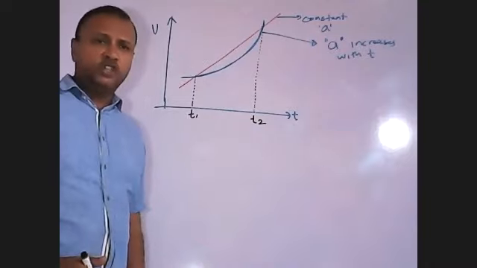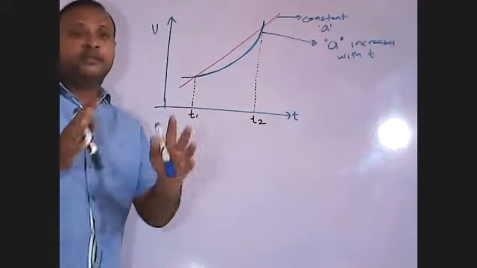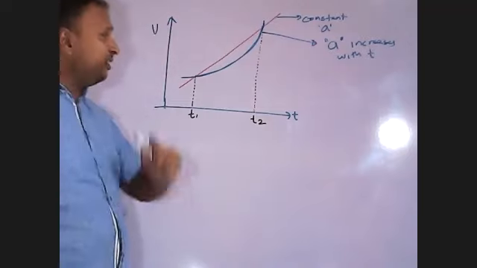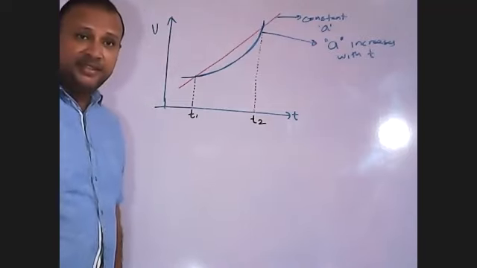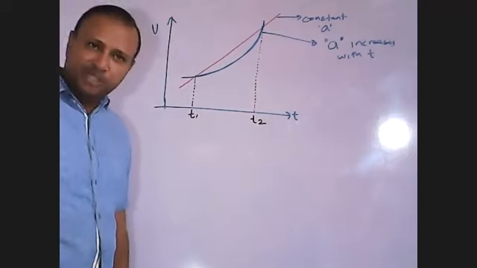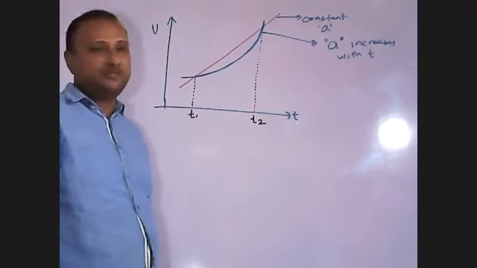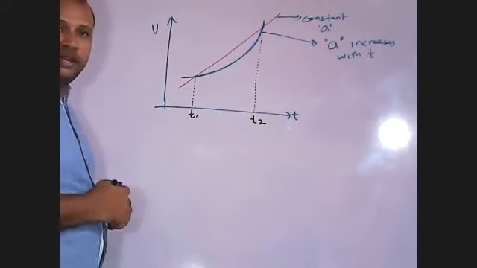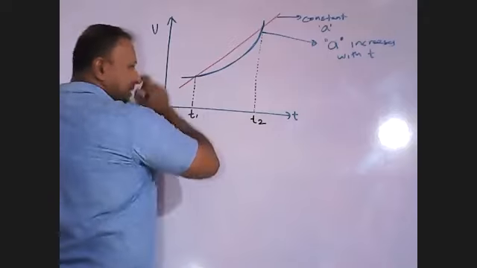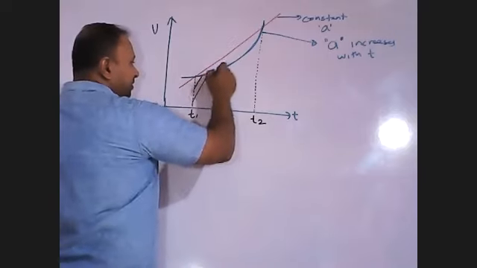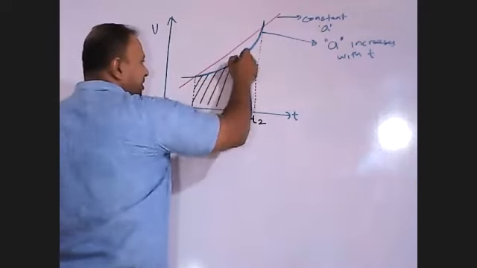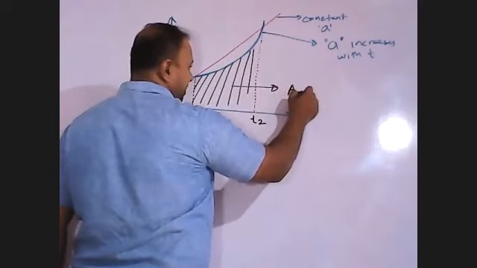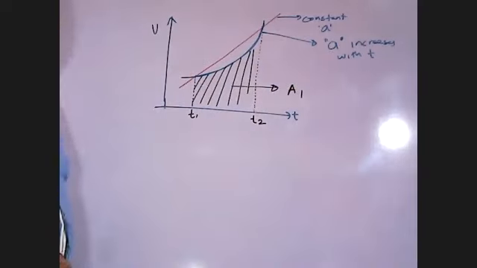According to our previous logic, the area under the graph represents the total displacement. Suppose the area under the blue curve is A1.